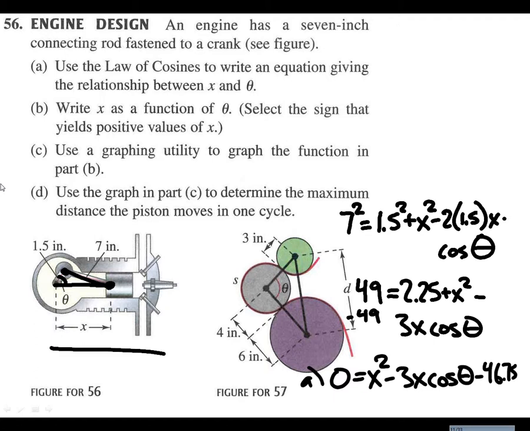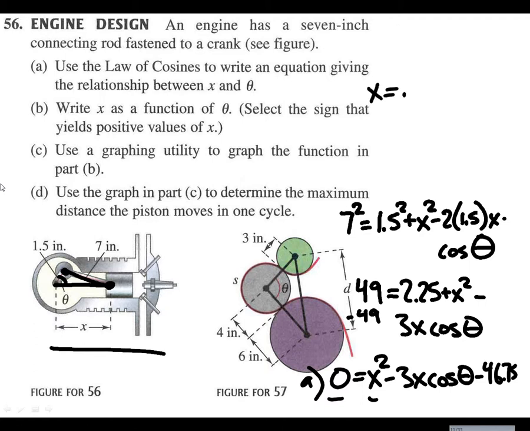So that's our answer for A. All right, using that, x is a function of theta. That means we want to get x all by itself. If we have a quadratic, remember we can always do the quadratic formula to solve for x if we're equal to 0. So let's go ahead and do that.